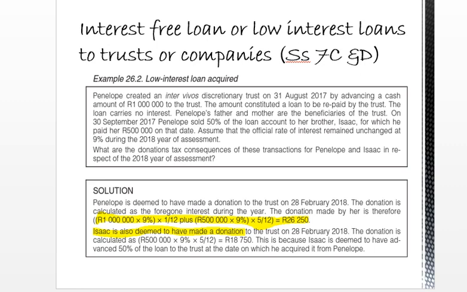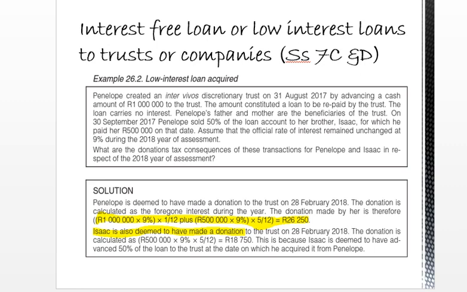So we want to multiply that million rand by 9% for one month, and then from the 30th of September to the end of February, so that's 5 months, she only held half or 50% of the loan account. So in other words, the donation made by her is then 26,250 rand.